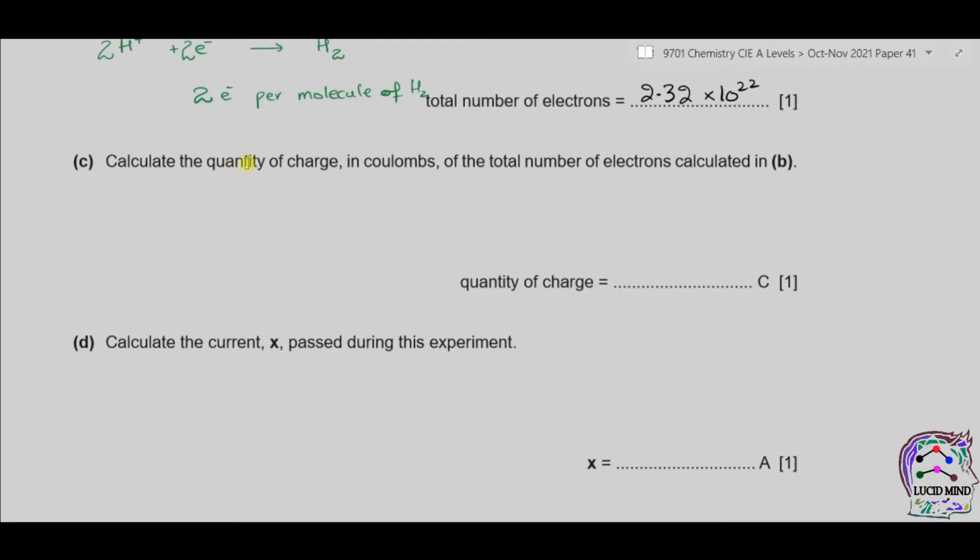Part C. Calculate the quantity of charge in coulombs of the total number of electrons calculated in part B. Now the formula for calculating the quantity of charge in coulombs is equal to total number of electrons multiplied by the charge on 1 electron.